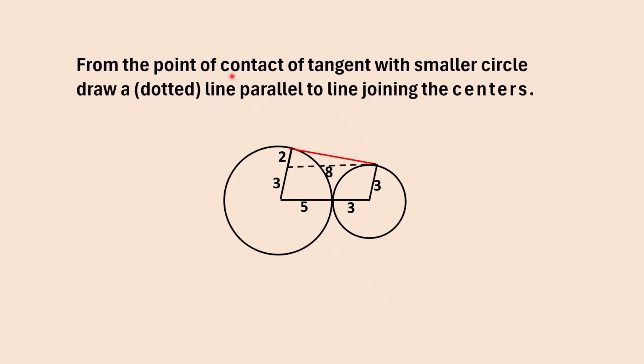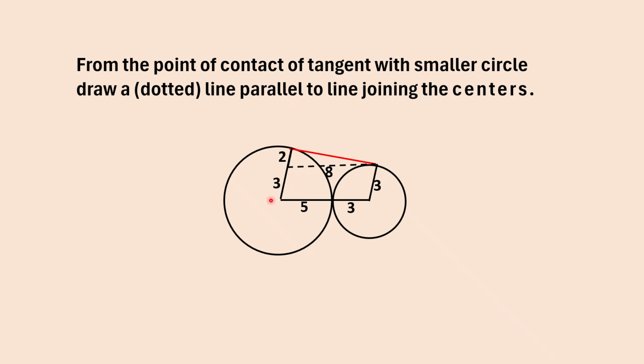Now from the point of contact of the tangent with the smaller circle, see that this is the point of contact of the tangent and the smaller circle, we draw this line. It is shown as a dotted line. This is parallel to the line joining the centers. What are we drawing?